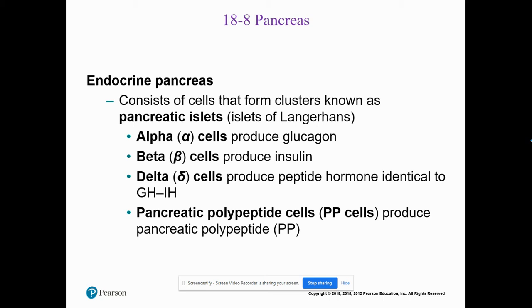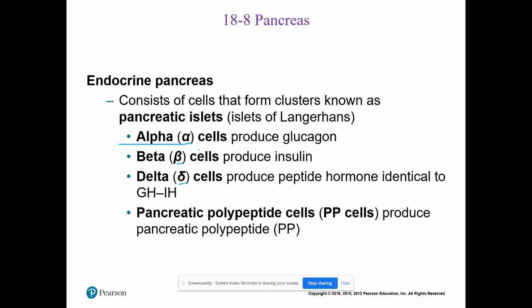So you've got alpha cells, beta cells, and delta cells. And if you don't already know the Greek alphabet, make sure you are aware of these so that you get them right. Islets of Langerhans. They're just now calling them pancreatic islet cells.